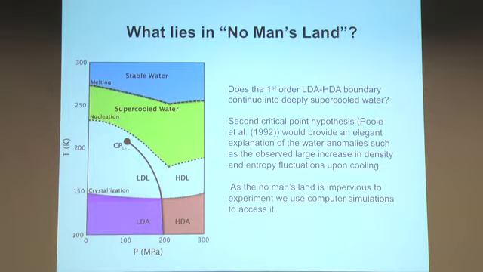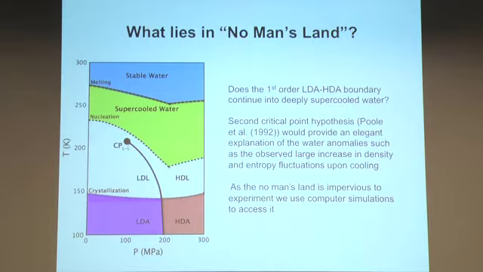So since one has this first order separation line here, one may think that this first order separation line could continue for a while in metastable liquid water and eventually terminate at a critical point.